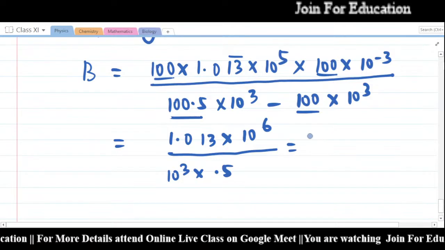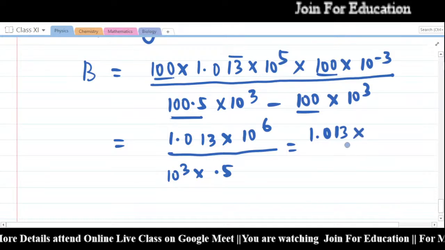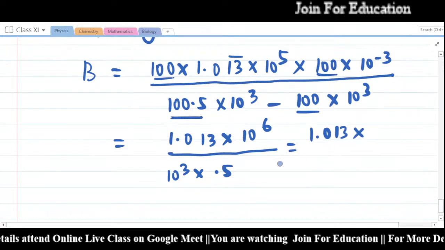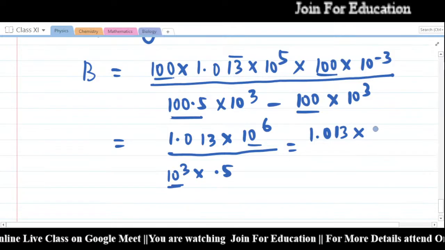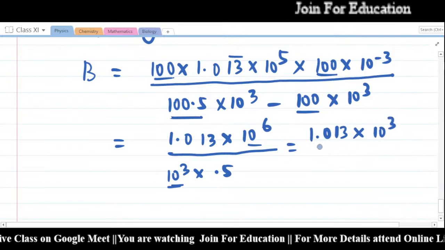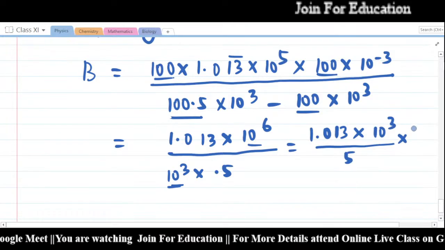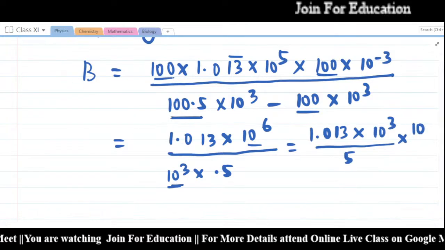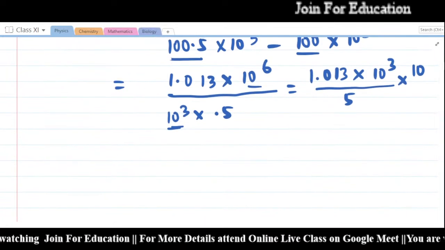So it will be 1.013 into 10 to the power 6 over 10 to the power 3, so we write 10 to the power 3 by 5 into 10. There is no problem to understand up to this step.